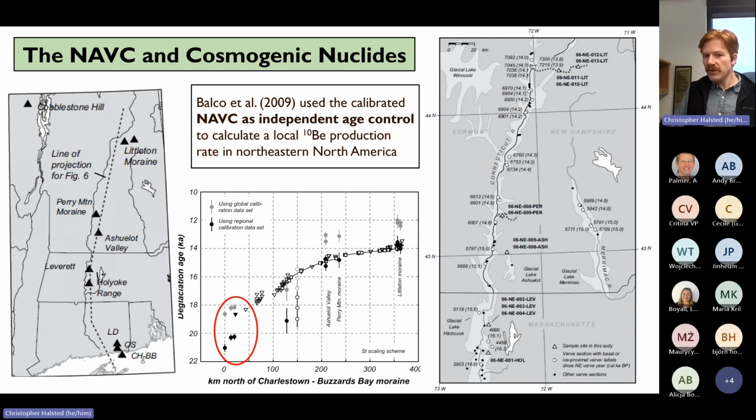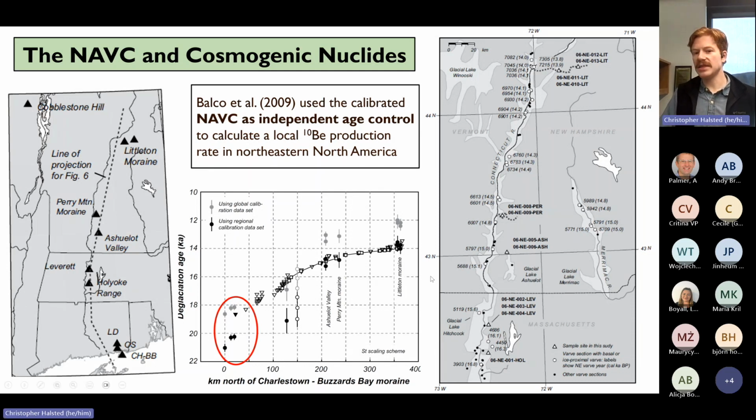That is a little confusing, but essentially it is just another line of evidence saying when the ice sheet left that region. And as you can see, under this new calibrated production rate, our cosmogenic ages are saying that deglaciation occurred 2,000 years before the radiocarbon age says that it happened.